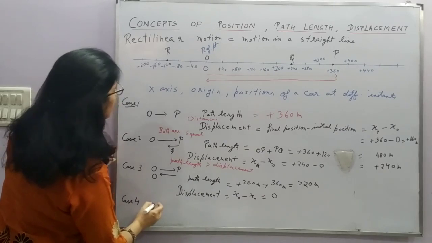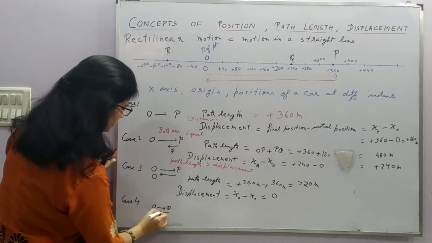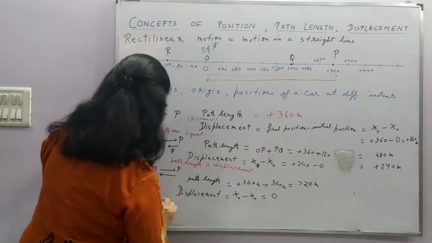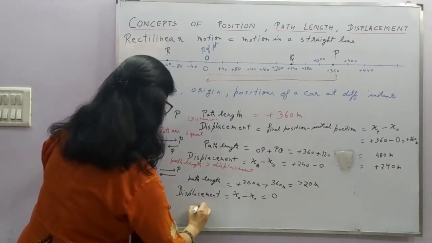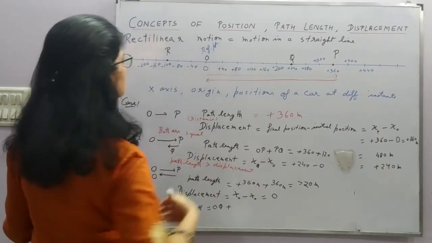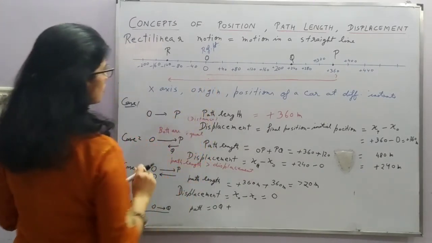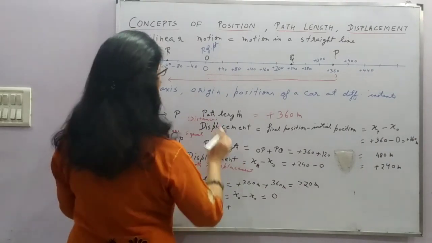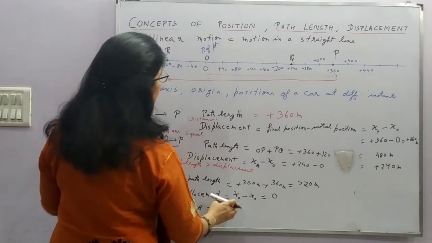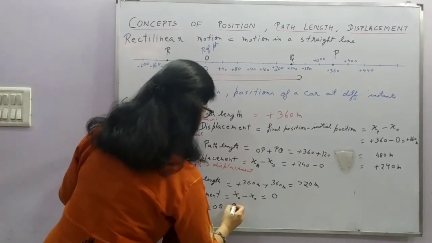So here we are taking O to Q and then Q to R. In this case, path length is equal to OQ plus QR.